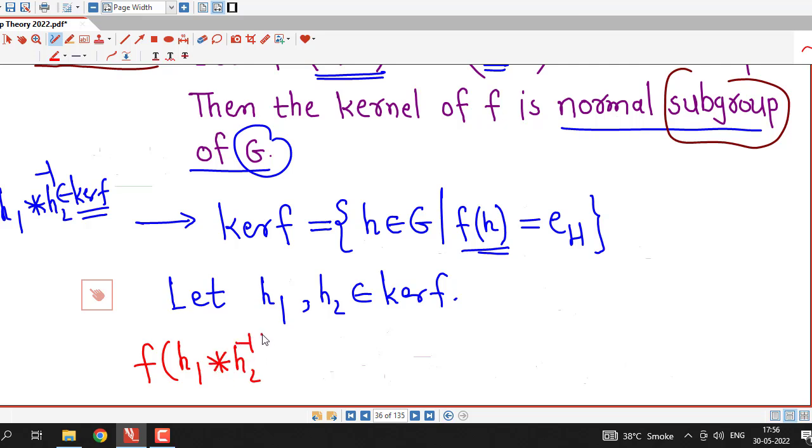I have to show that the image of this element is identity of H to prove that h1 star h2 inverse is an element of kernel of F.